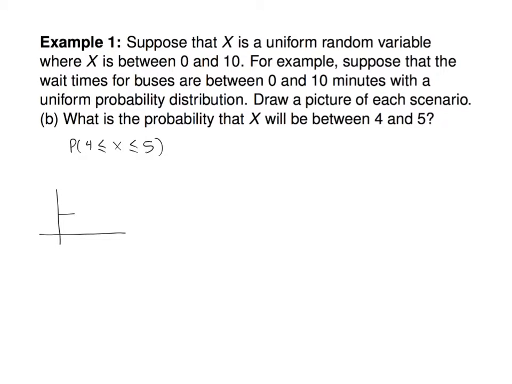Okay, so that first part's going to stay at a height of 1/10 up to 10, but you care about from 4 to 5, right? That's the area you're looking at, which is also a rectangle, right? Its base is 1. What's its height? 1/10. So 0.1. That's the probability you wait between 4 and 5 minutes.